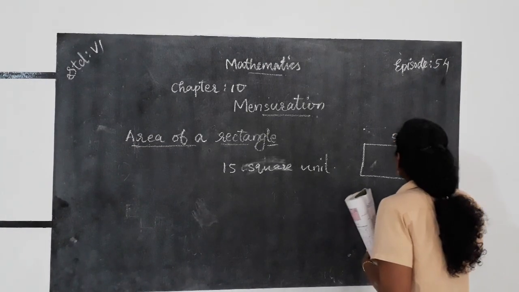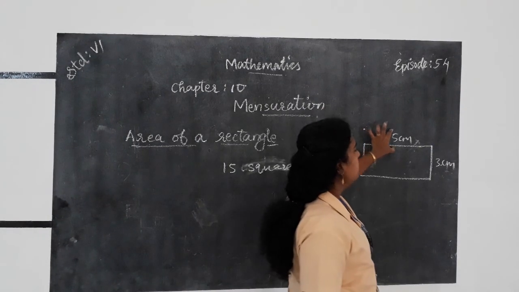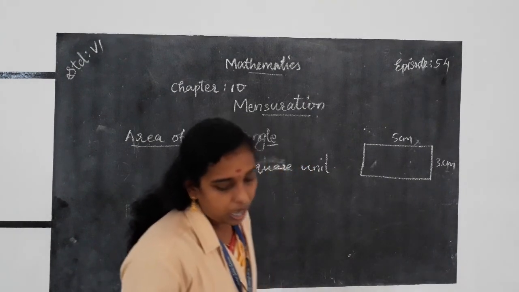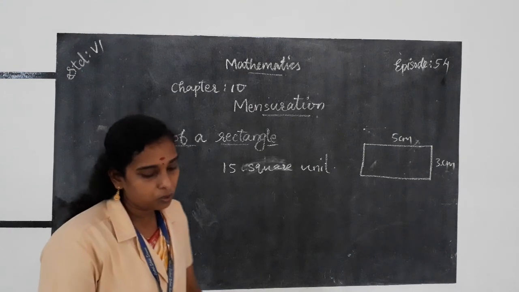The opposite sides of a rectangle are of equal length. Here the length of the rectangle is 5 cm and the breadth of the rectangle is 3 cm. To find the area of a rectangle, the equation is length into breadth.